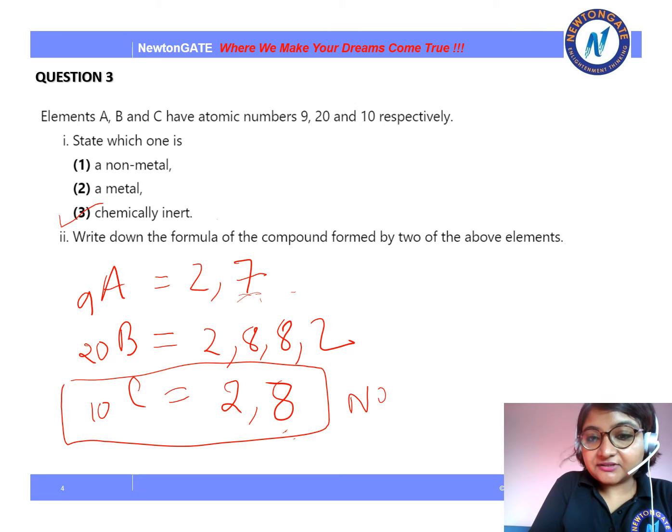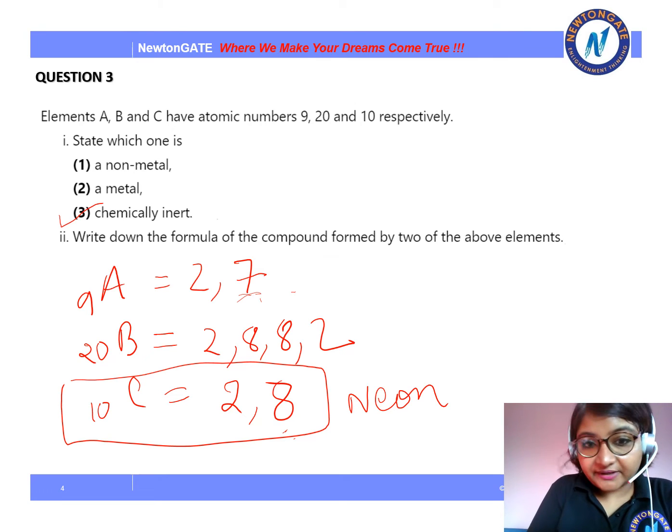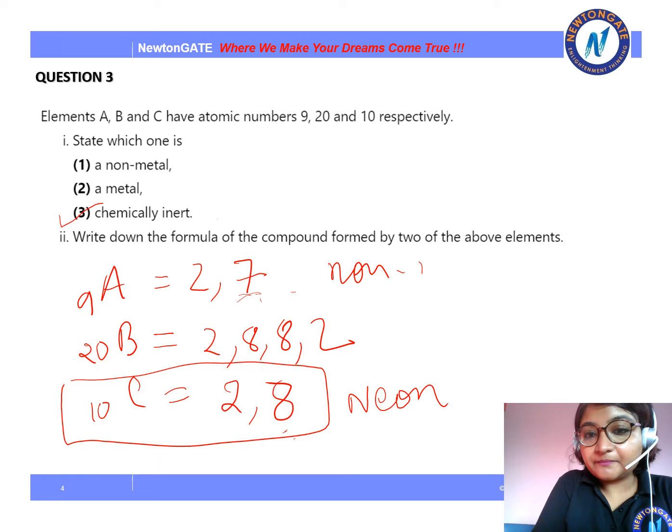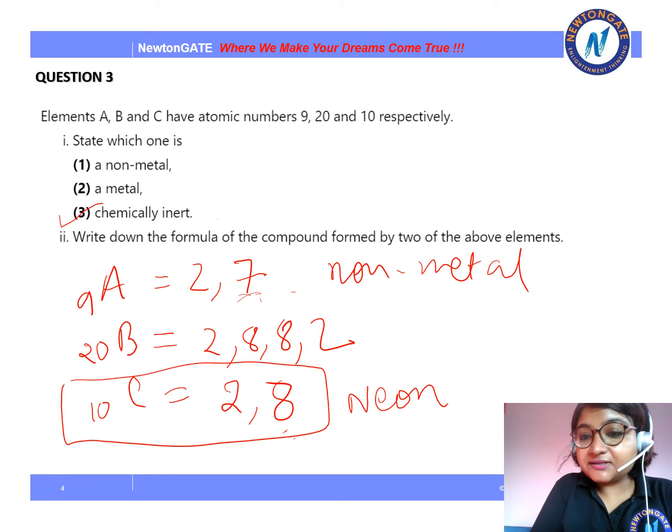This is neon actually. C is neon, and A will gain electron to become like neon to complete its octet. So A is a non-metal because it is gaining electron to complete its octet.